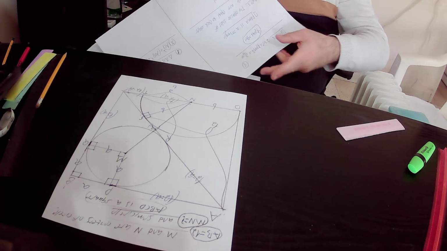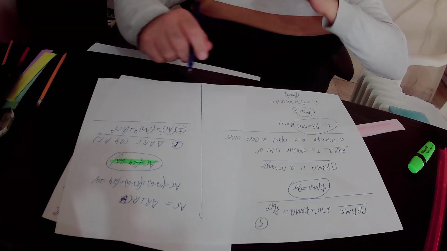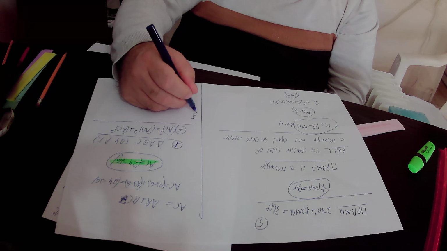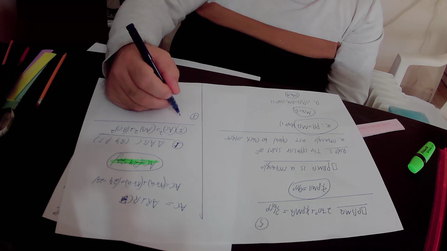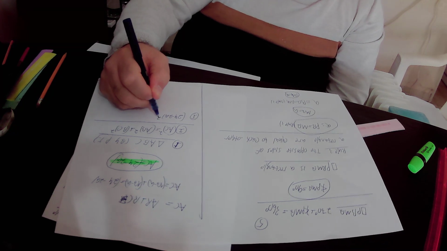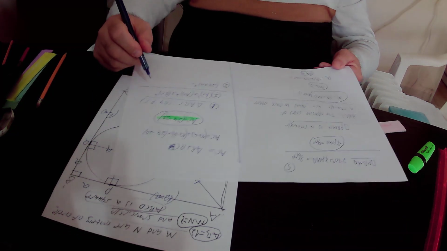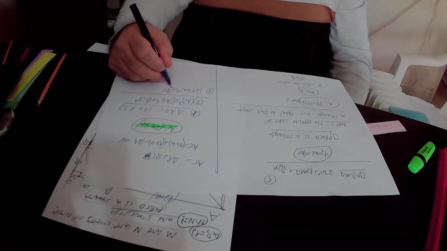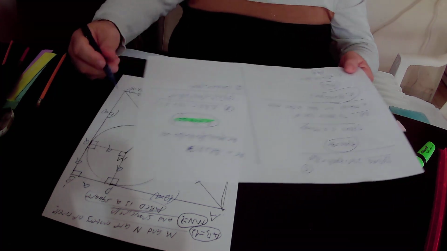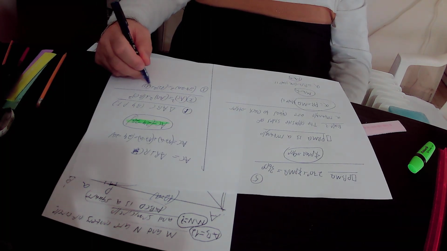We have already found out that AC equals 24 minus 2A. Therefore, AC square will be equal to (24 minus 2A) square. And it equals AB square. AB is 12, so AB square is 12 square. Plus BC square. BC is also equal to 12, so it is plus 12 square again.